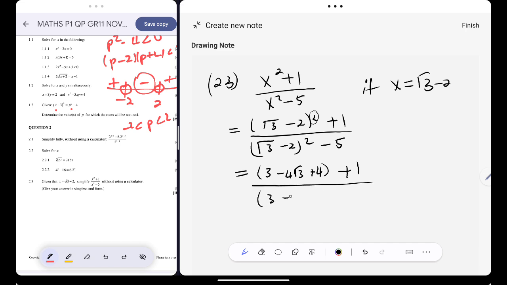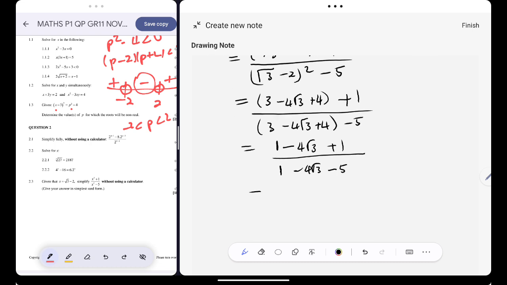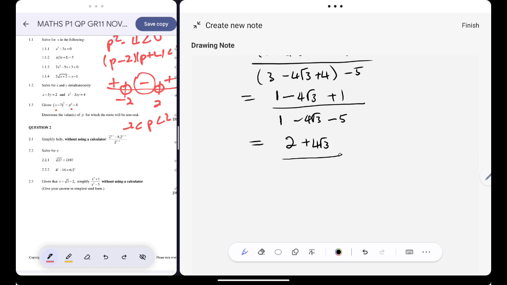Still the same thing here, but there's a minus 5 there. So in here I have 1 minus 4 root 3 plus the 1 outside. I have 1 minus 4 root 3 minus the 5 outside, and then I'll have 2 plus 4 root 3 all over.